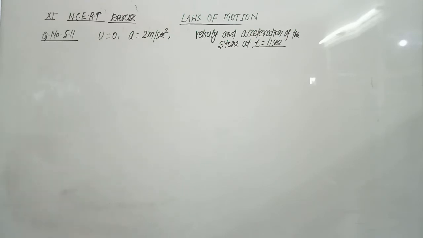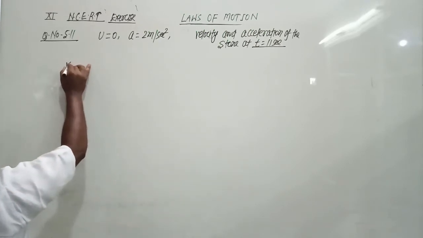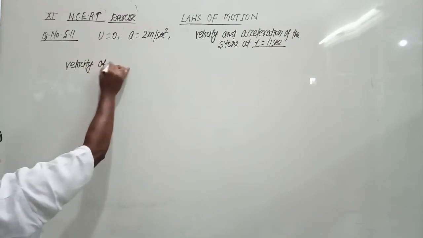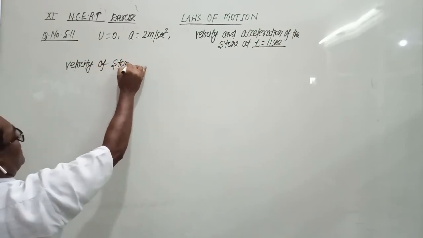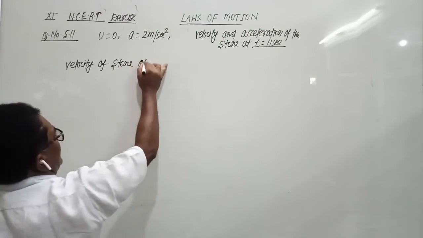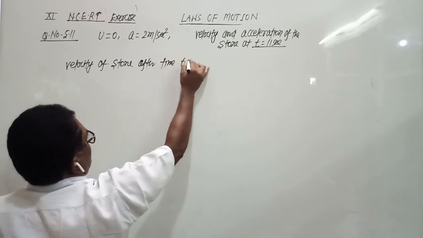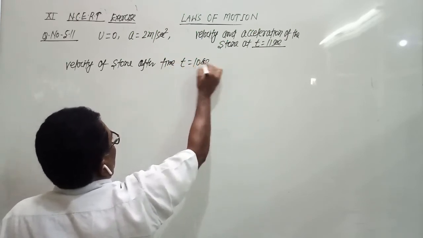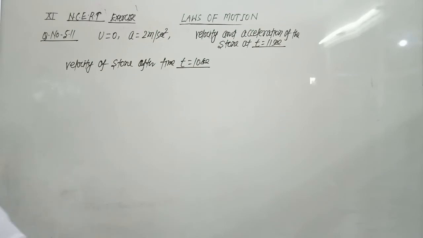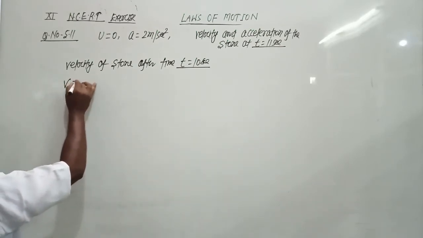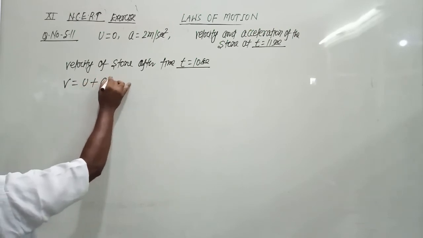So firstly, we find the velocity of the stone after time t equals to 10 seconds, because at time t equals to 10 seconds, the stone is dropped. And we use the formula v equals to u plus at.